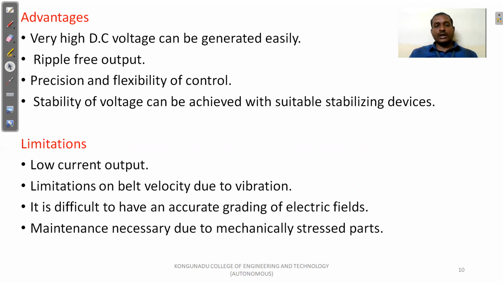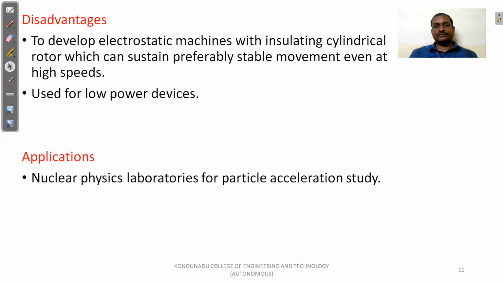It is difficult to have an accurate grading of electrical fields. Maintenance is necessary due to mechanical stressed parts. Another disadvantage is sustaining stable movement even at high speed, and it is used only for low power devices.